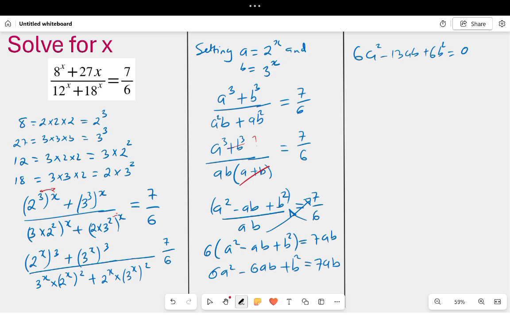Now, our next step, we are going to actually factorize. We are going to factorize this, and we are going to use an approach of a quadratic to factorize.